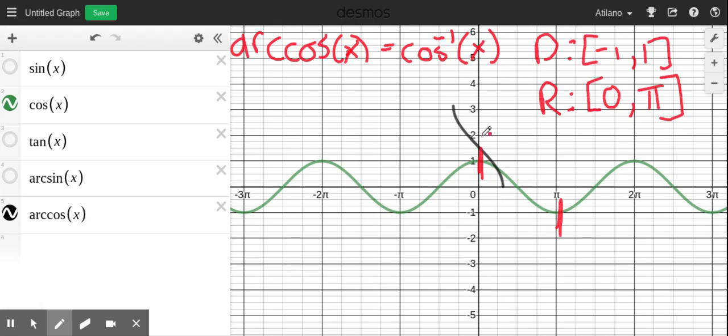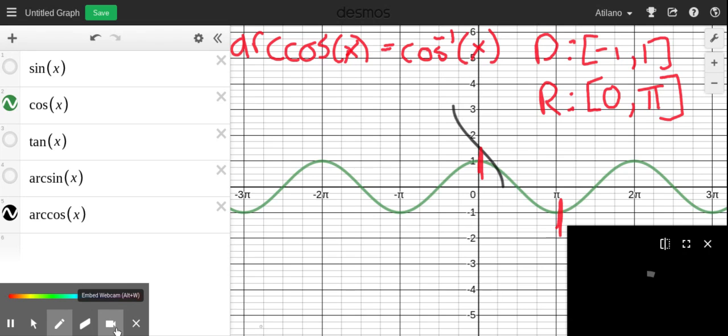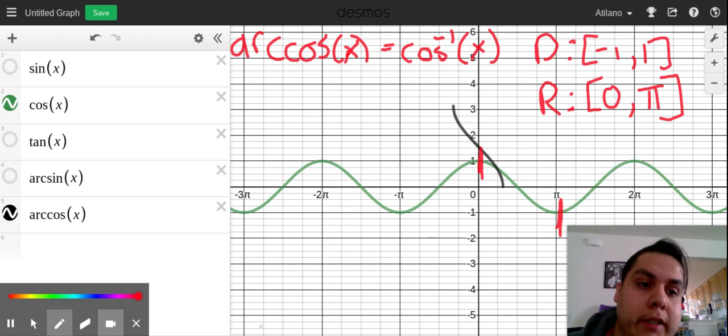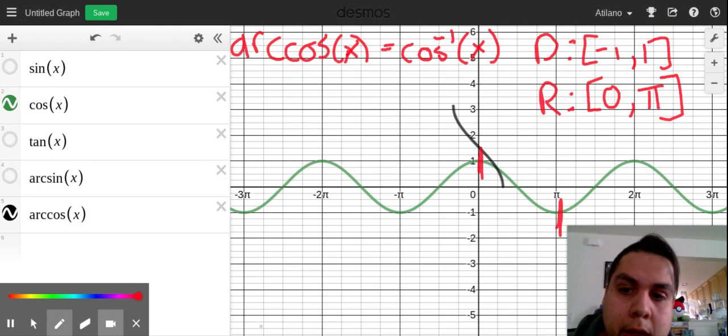And that's true for arc cosine. Same idea as what we were doing with arc sine. I don't want to dwell too much because it's already kind of long.